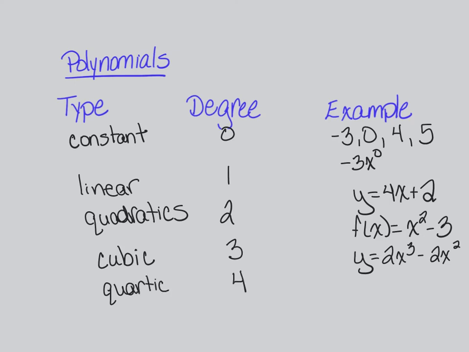That has a degree of 4, like a quarter. So you can have x to the 4th power. Now you can have other exponents. You are always looking at the highest exponent. Your degree is associated with your highest exponent.